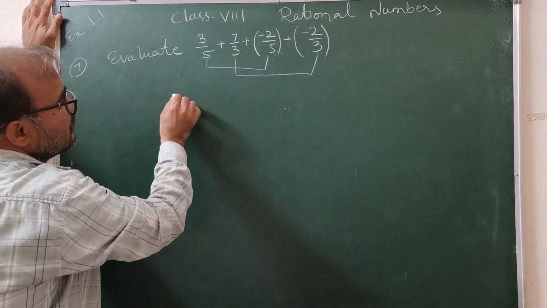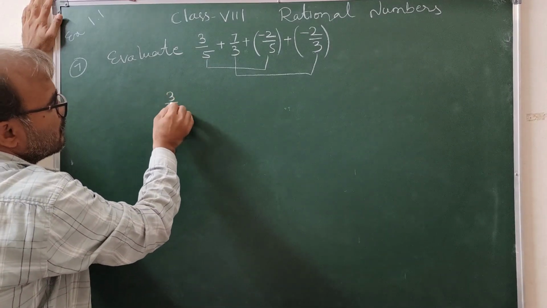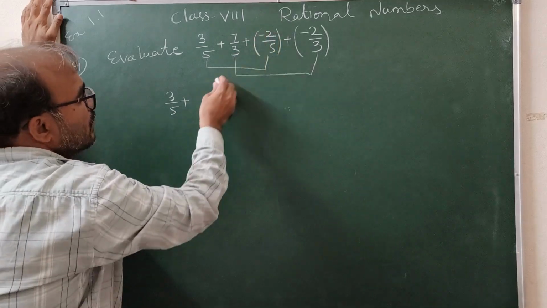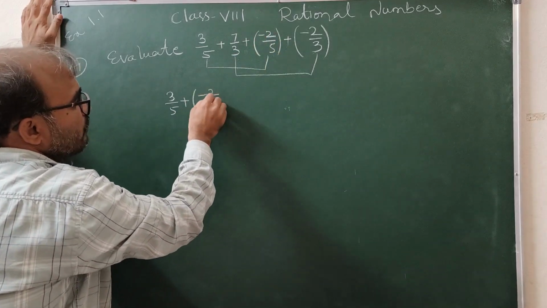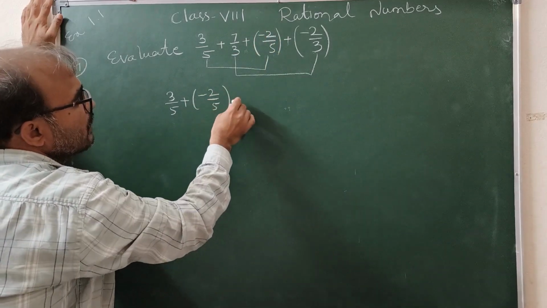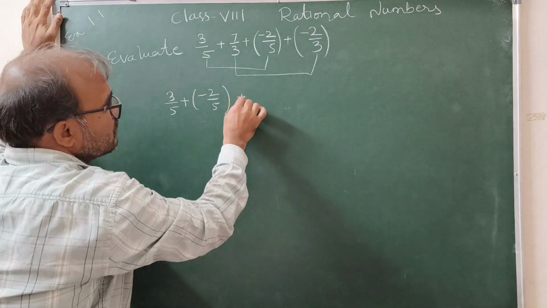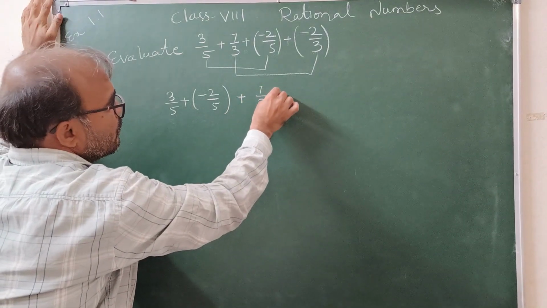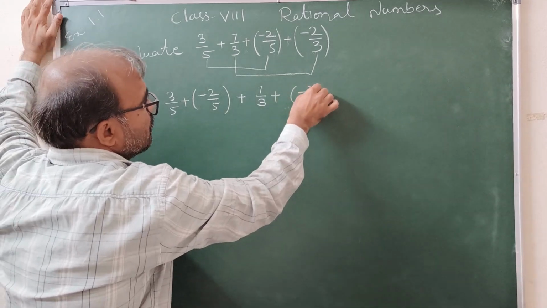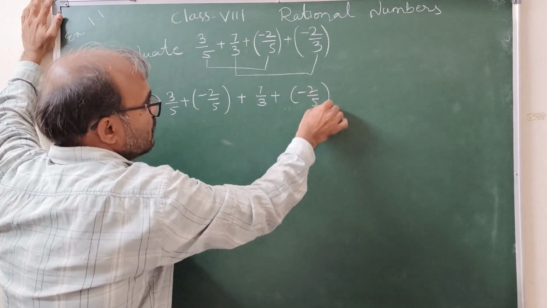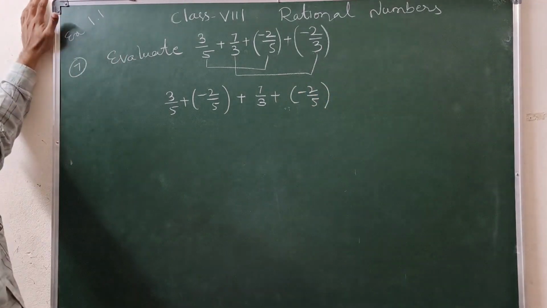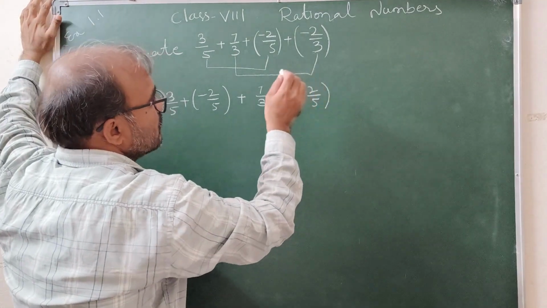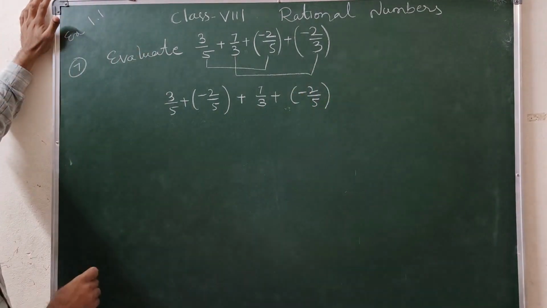So the first one is 3 by 5 plus, write this minus 2 by 5, rearrangement. So we are rearranging them. So next, plus 7 by 3 plus minus 2 by 3. Here we have to use the associative and commutative properties. So we have to arrange like this.